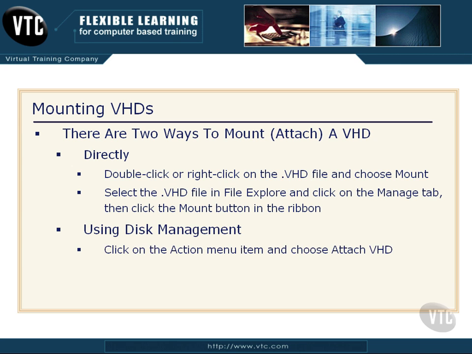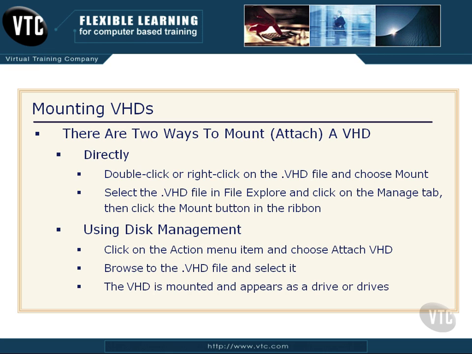I can also use the Disk Management tool, click on the Action menu item and choose to attach the VHD. I can also browse to the VHD file and select it first, then go to the Action menu. The VHD gets mounted, and once it's mounted, it will appear as a drive or as drives. Keep in mind, if within that VHD I have more than one partition, it'll show up as however many drives.